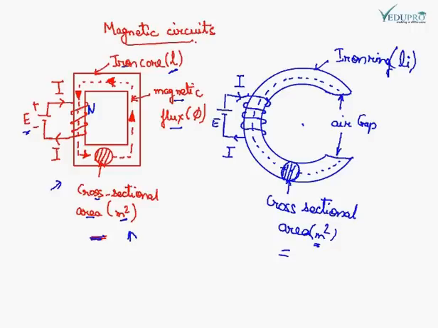However, in this arrangement there is an air gap of length Lg meters, and the cross section area is m square. In ring type construction, the length is the circumferential length.